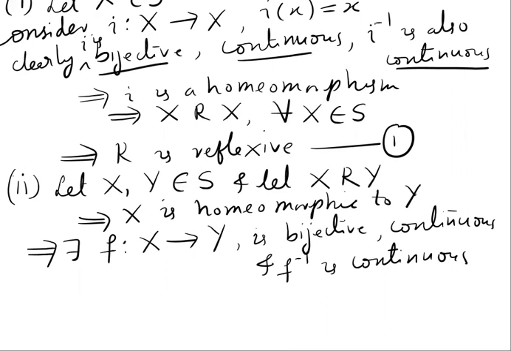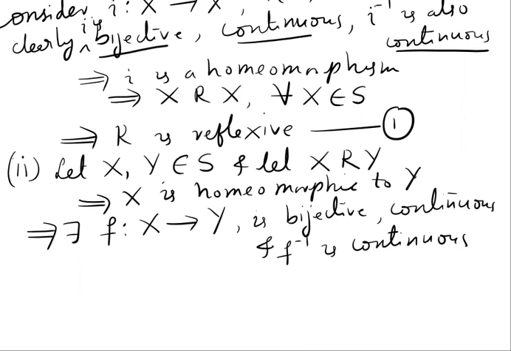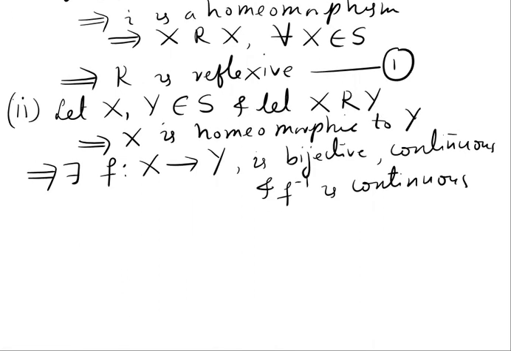Now we have to prove Y is related to X. That means I want a function from Y to X, and we have to prove that this function from Y to X is a homeomorphism. What is the immediate function from Y to X, depending on this F? Since F is bijective, can you guess the function now?